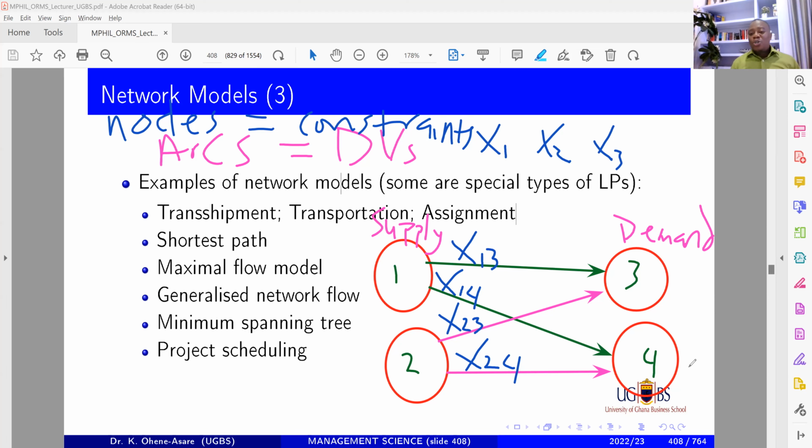So now you know what the decision variables are. They are usually X_ij, where the i refers to the supply node number, and the j refers to the demand node number.